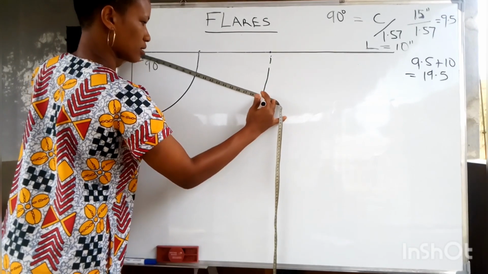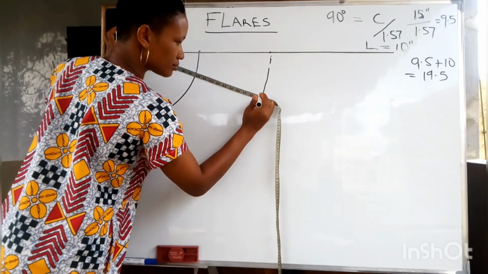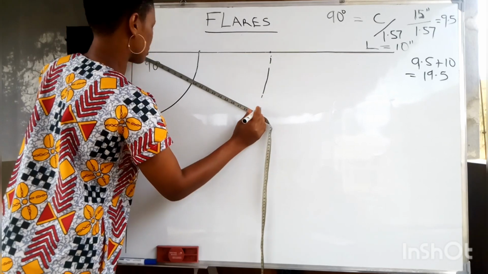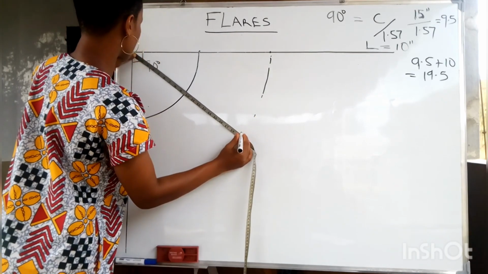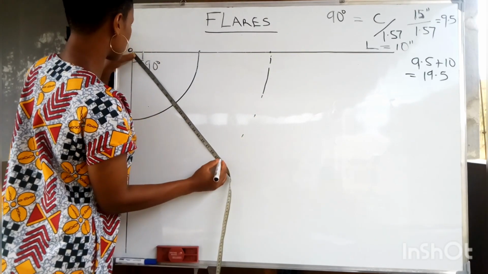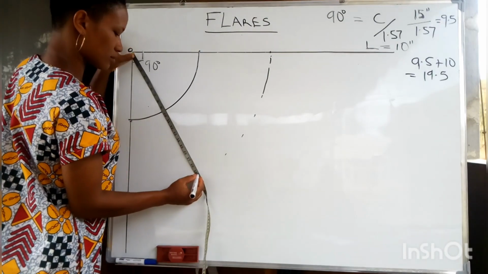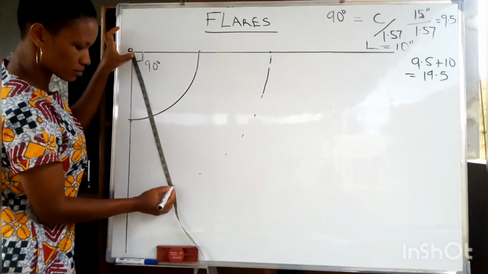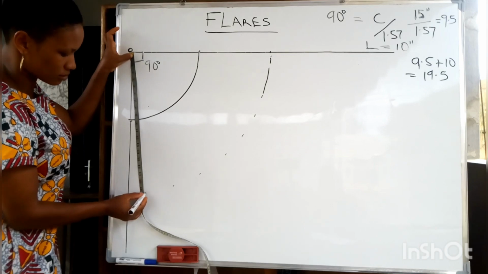Then you mark the arc the same way you did in the previous one. Remember, the first arc was at 9.5 inches radius, and here we are having it at 19.5 inches radius.